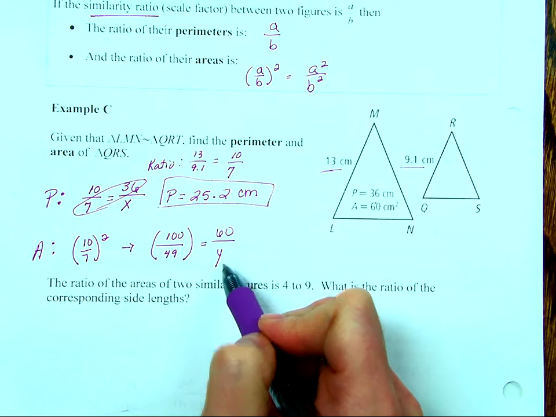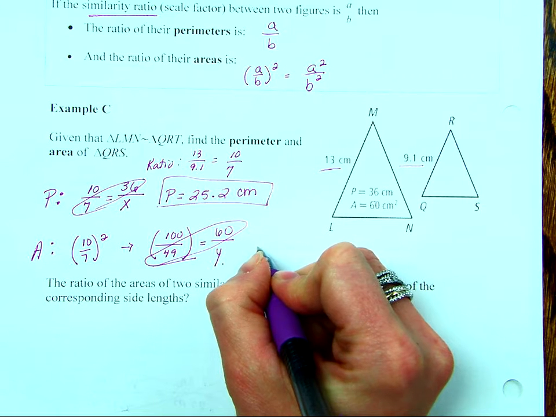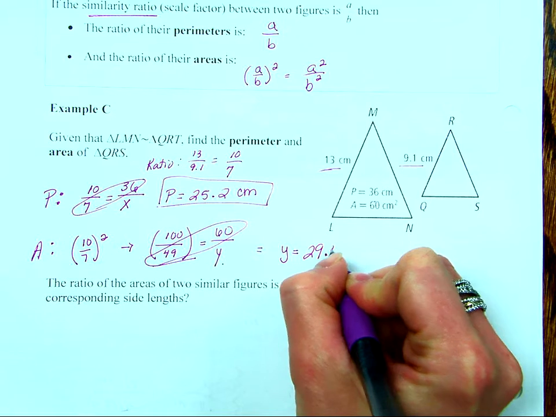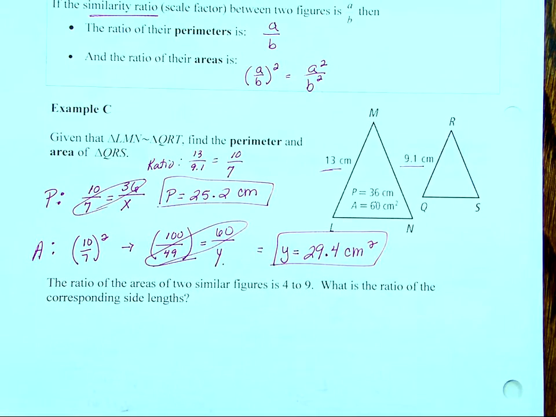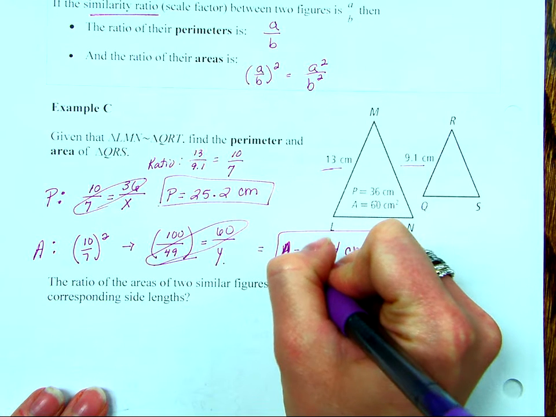Here, y being my area, I'm going to cross multiply and divide. And we find out that that area would come out as 29.4 centimeters squared. That's A for area.